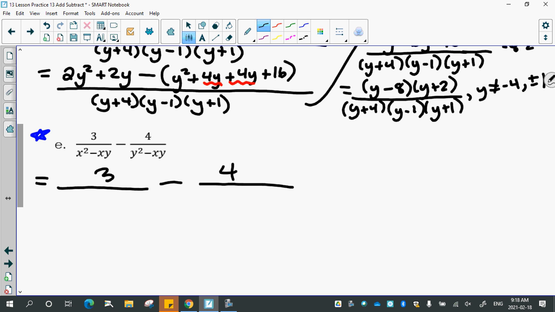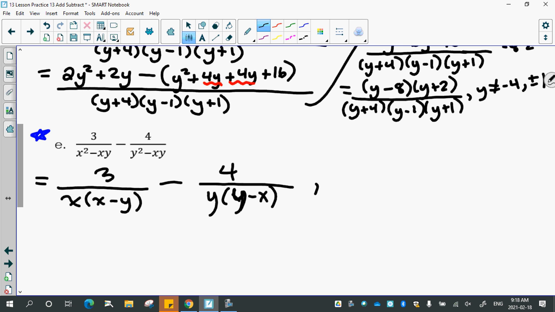Right, common factor of x. How many people got that? I thought tons of you did as I walked around. Good. And then here the common factor was y. Y minus x. Yes? Okay.